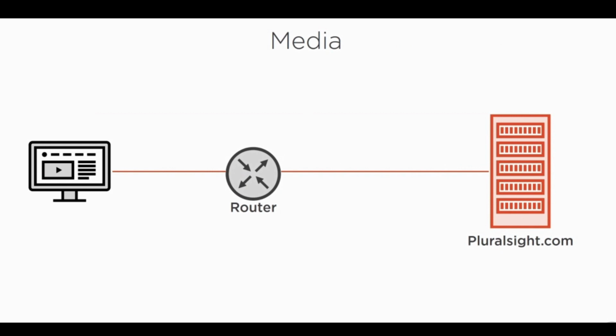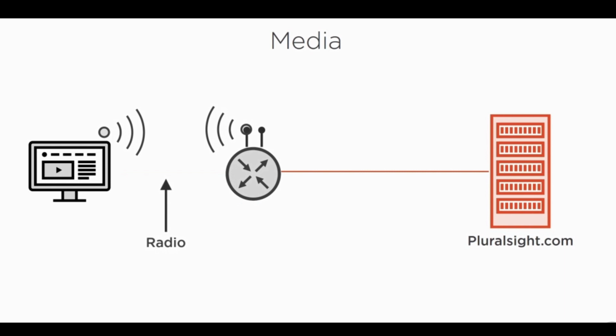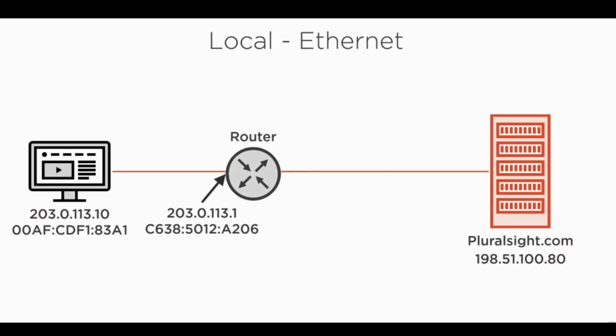If we look at our very simple network here, we have a wire. Maybe we have wireless, if we're using wireless in our home. Most likely, our data is transferred over fiber optic at some point in time between your workstation and the time that it gets to pluralsight.com. So we have our wire.